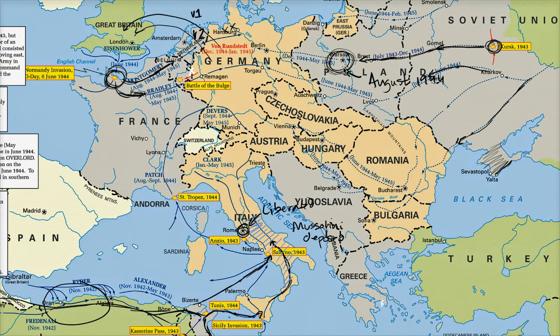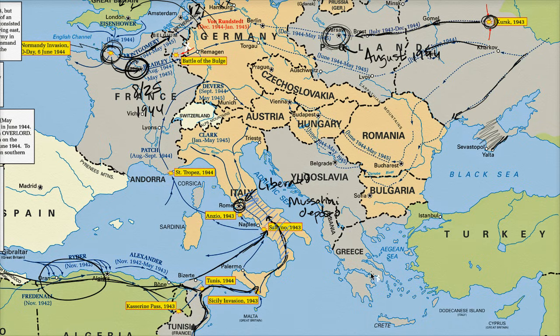Now, also in August of 1944, Paris is liberated. So this is August 25th, 1944. Paris is liberated. And then as we go later into that year, British troops are able to liberate Athens.